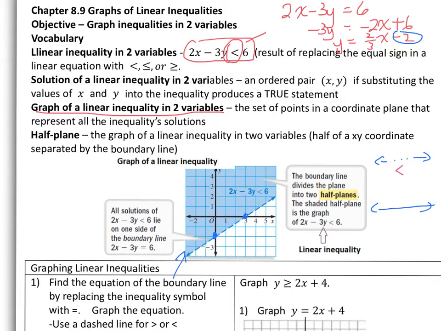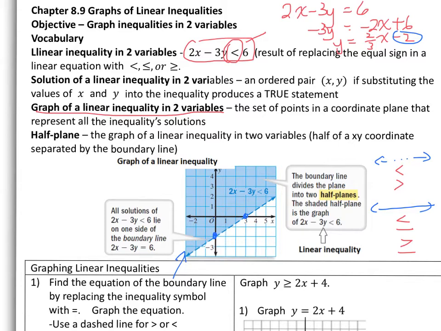Then it should be a dotted line. And if it's a greater than sign, it's also a dotted line. But if you have a little line below the inequality, which represents equal, then it will be a solid line. So in this case, we have the dotted line as shown in the picture.